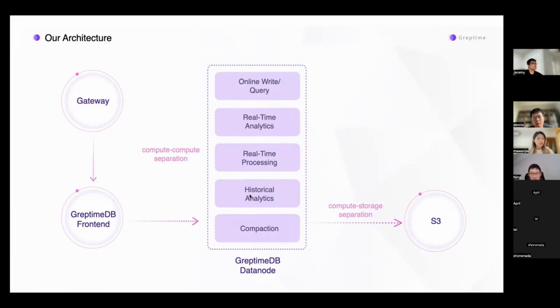Second is elasticity and scalability, allowing users to easily scale up or down, add or remove resources according to usage. Third is high reliability and fault tolerance, with the system having a 99.49% availability rate to prevent data loss.